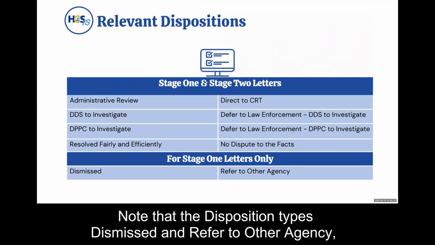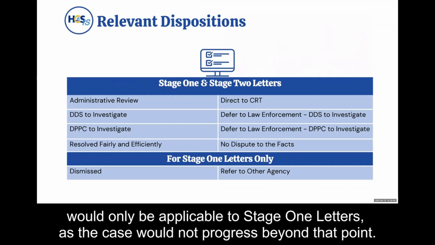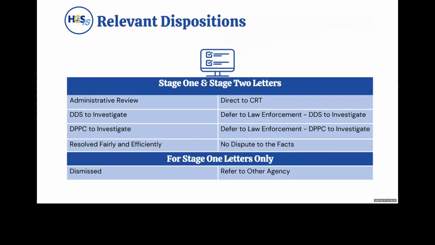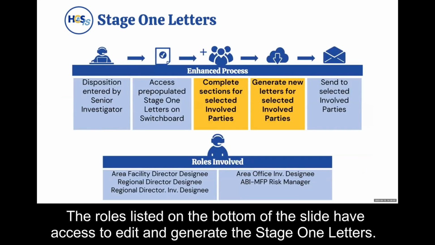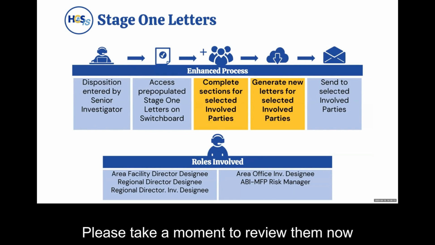Note that the disposition types dismissed and referred to other agency would only be applicable to stage 1 letters, as the case would not progress beyond that point. The roles listed on the bottom of the slide have access to edit and generate the stage 1 letters. Please take a moment to review them now.